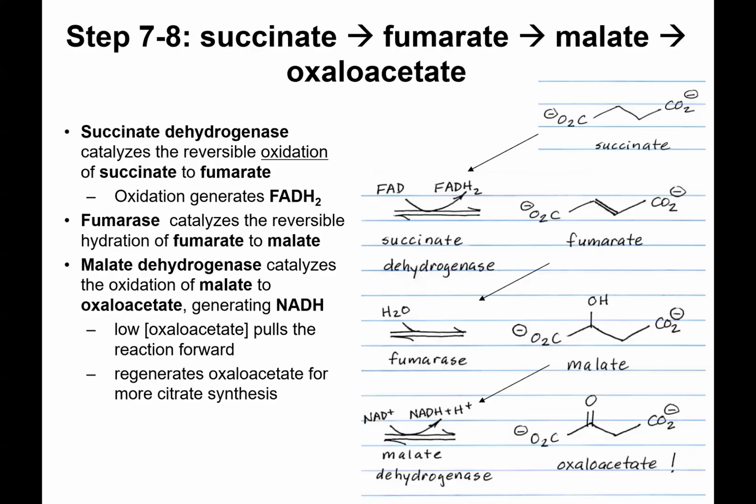So none of these reactions here are particularly exergonic, but in the case of malate dehydrogenase, low oxaloacetate will pull this reaction forward by virtue of equilibrium, and this will regenerate our oxaloacetate for more citrate synthase.